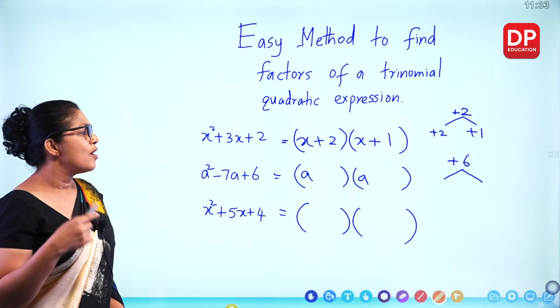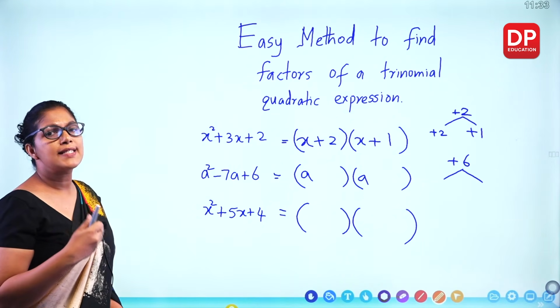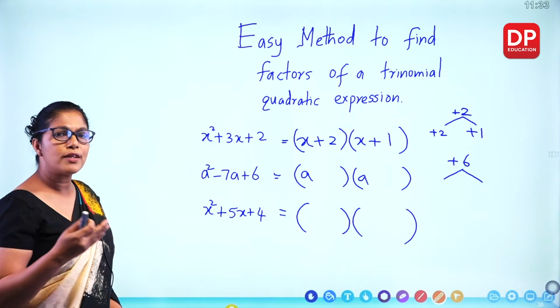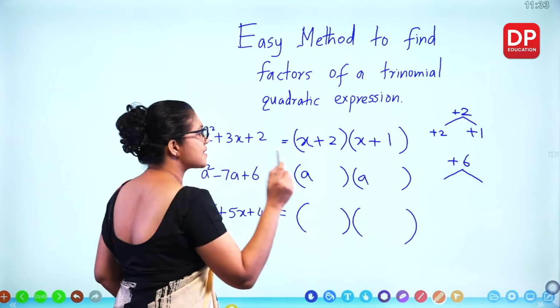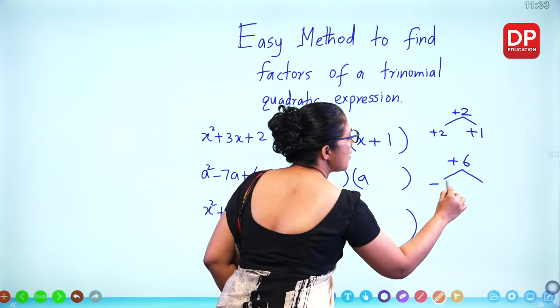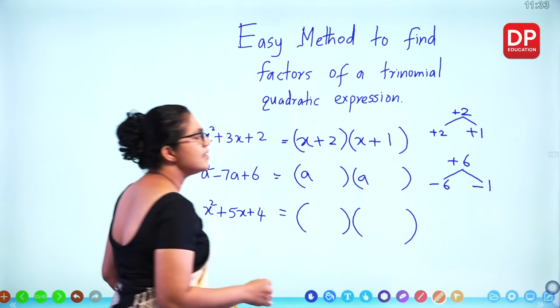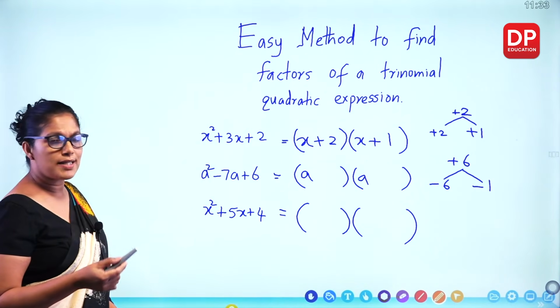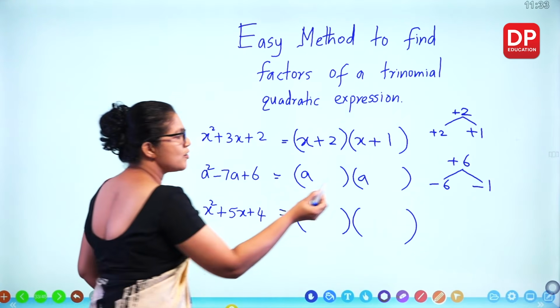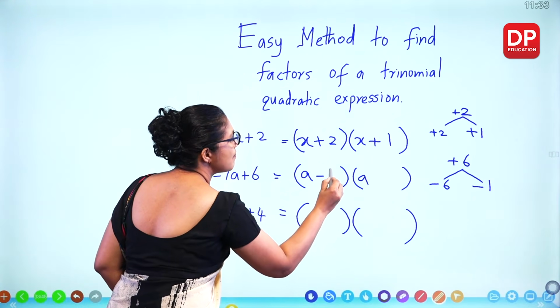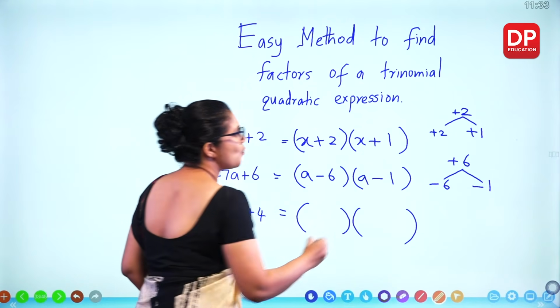So we know the third term is plus and the second term is minus. Both the factors are minus. So here we can write 6 times 1. So minus 6 and minus 1, you get plus 6 when you multiply, and when you add, you are getting minus 7. So how can you write down the factors? You write minus 6 there, minus 1.